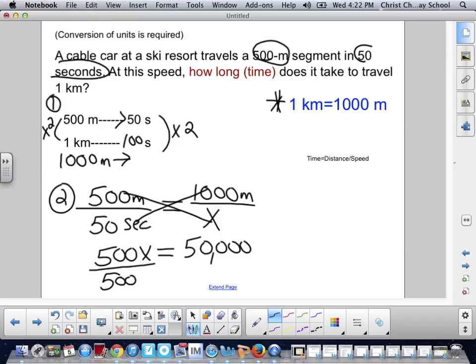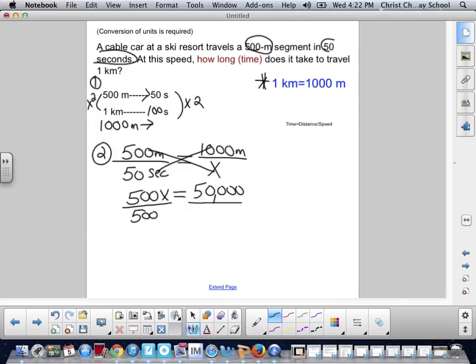So we're going to divide each side by 500. So to isolate our variable, our 500s cancel out each other, and we're left with x equals 50,000, we're just going to take some of our zeros away, and 500 divided by 5 is equal to 100 seconds.